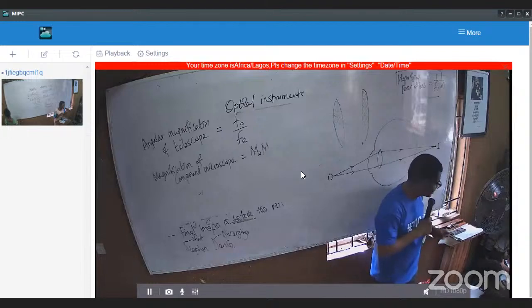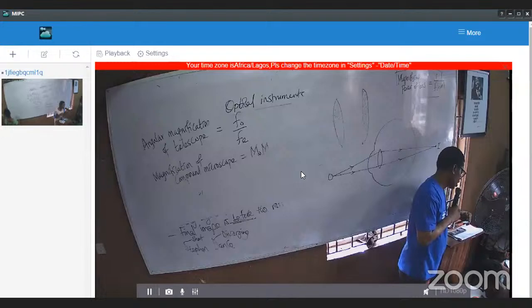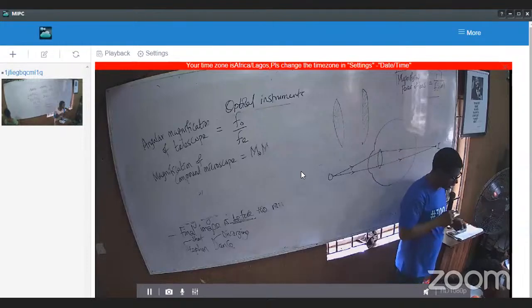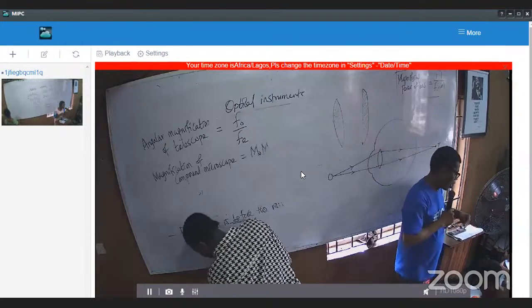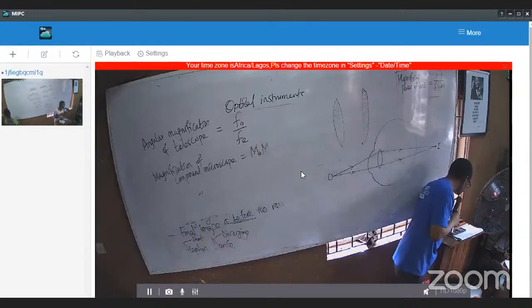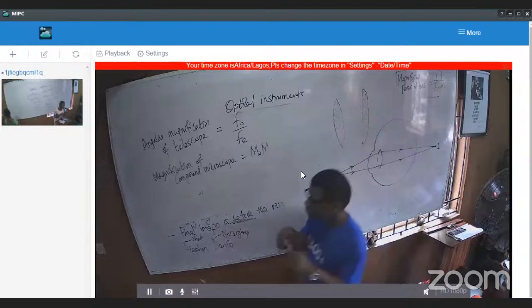Right, in a projection lantern of focal length F, the object distance U is such that, write the options.